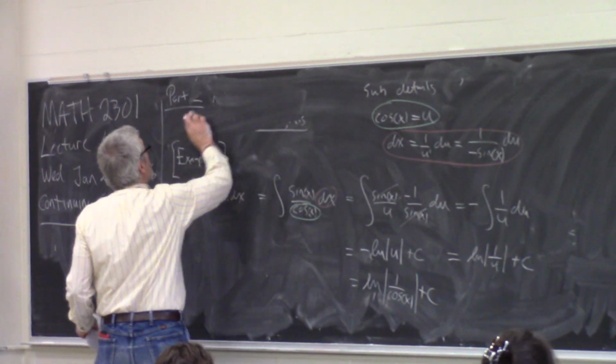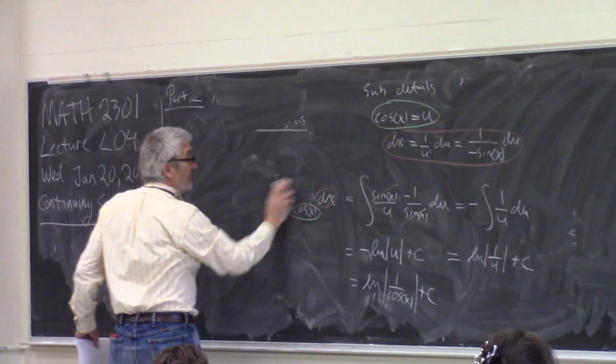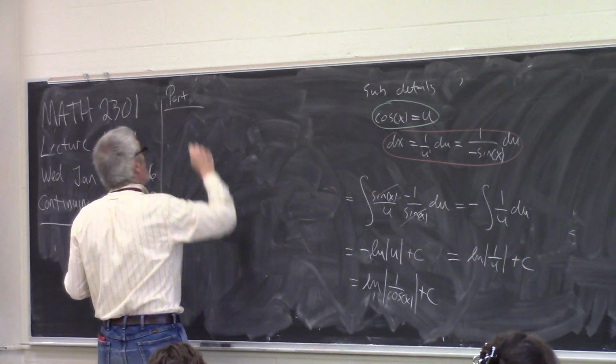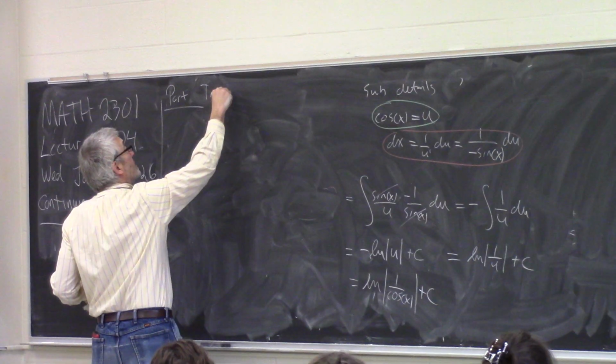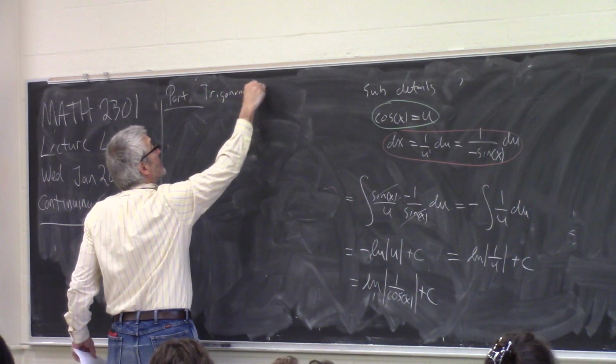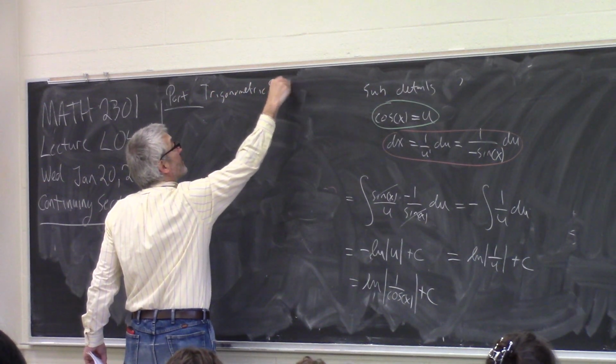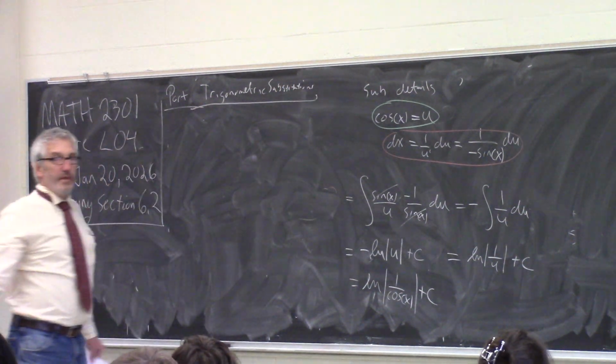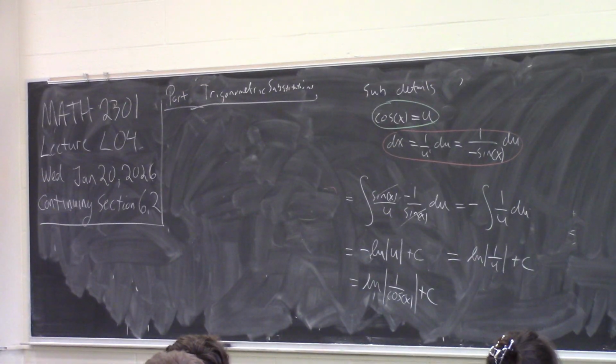Part 2 is basic trigonometric substitutions. So the idea of a trigonometric substitution: it's an integral that does not contain trig functions, but after you do a substitution, it does contain trig functions.